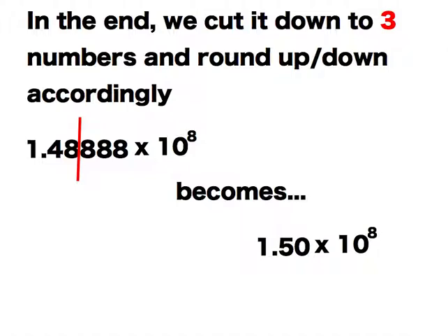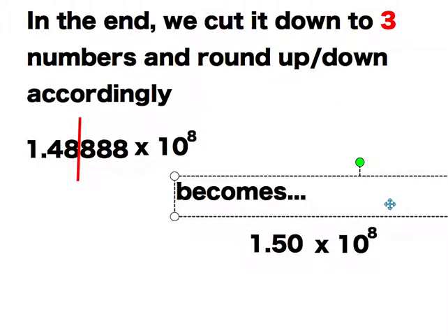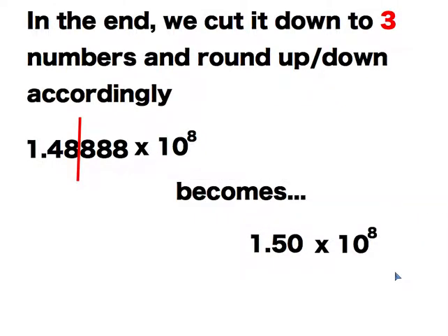In the end, we usually cut down the number so it's to the hundredth, like I had mentioned. And when you do that, you have to look at your number before this. So I'm looking at this number. If this number is 5 or higher, then we would round this number up.